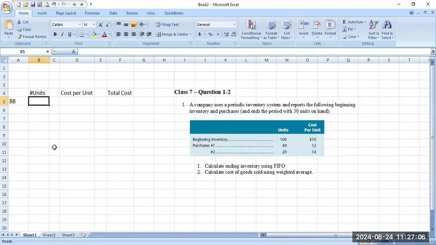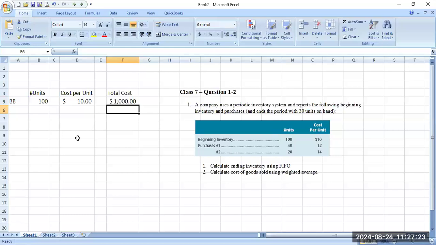Beginning balance, we have 100 units. Cost per unit is $10. And the total cost is equal to 100 times 10, 1,000. Then we have purchase one, and we have purchase two.